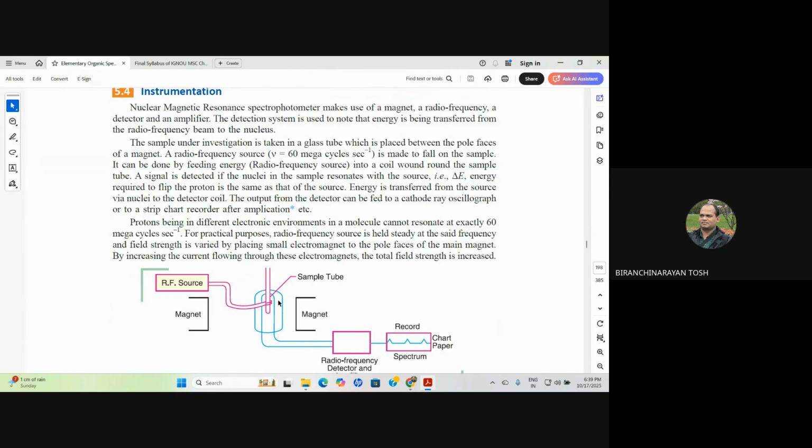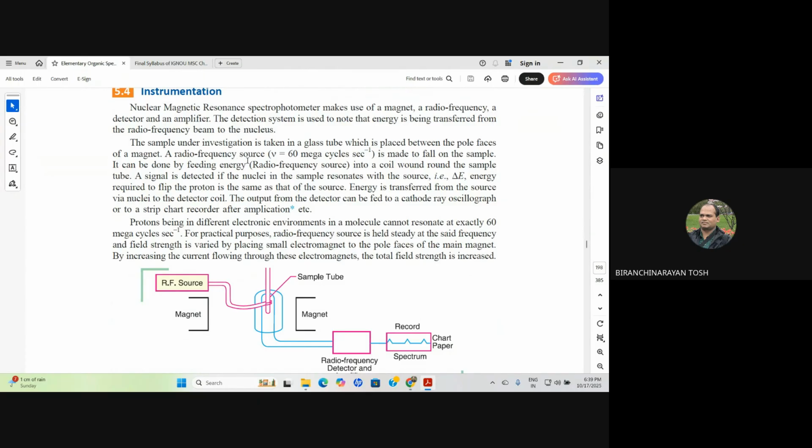which is placed between the pole faces of a magnet, and a radio frequency source of frequency 60 megacycle or 60 megahertz. Nowadays, we are using FT-NMR, maybe 300 megahertz or higher frequency. 60 megacycles per second or 60 megahertz is the older one.